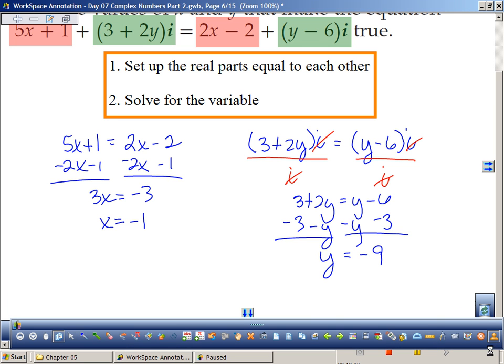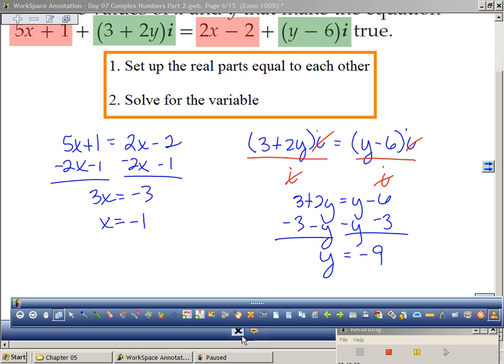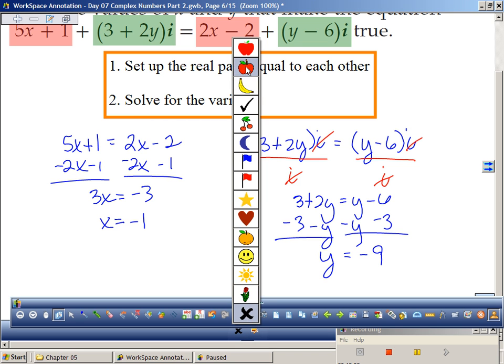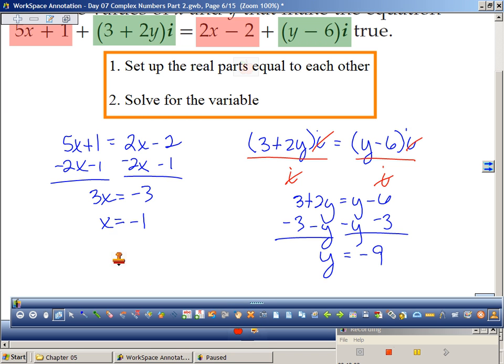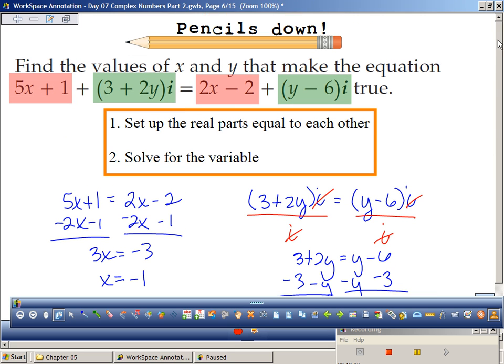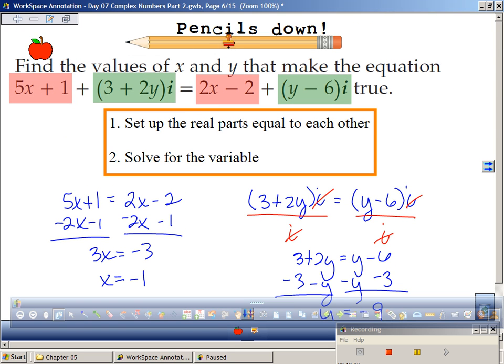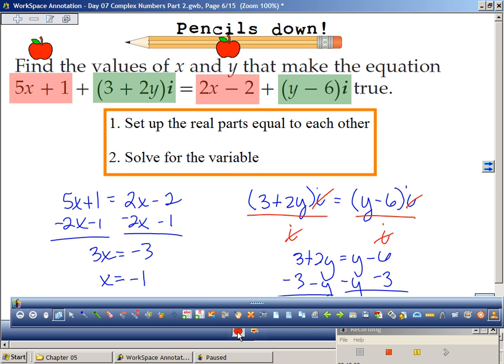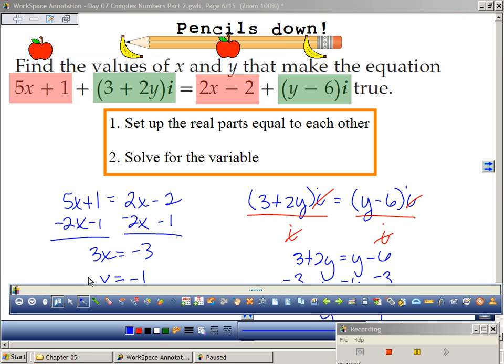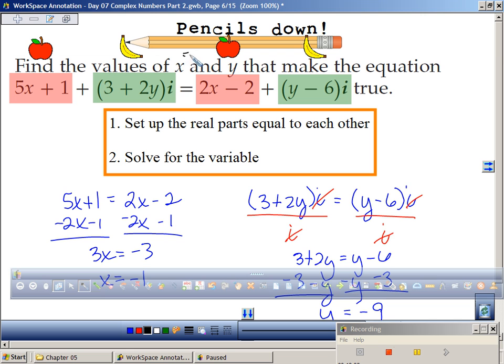Okay, so now after thinking about it, check this out. You ready for some elementary math? If I were to say so many apples plus so many bananas equals so many apples plus so many bananas, don't the apples equal each other and the bananas equal each other?